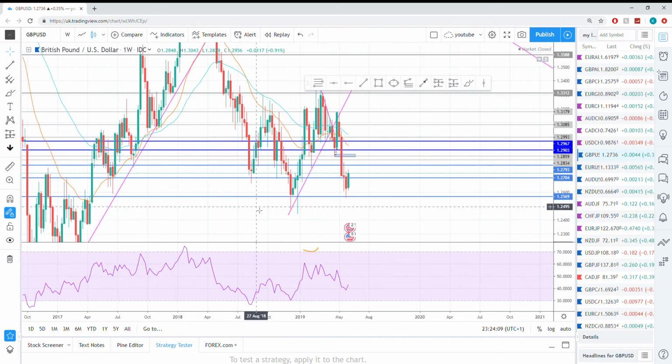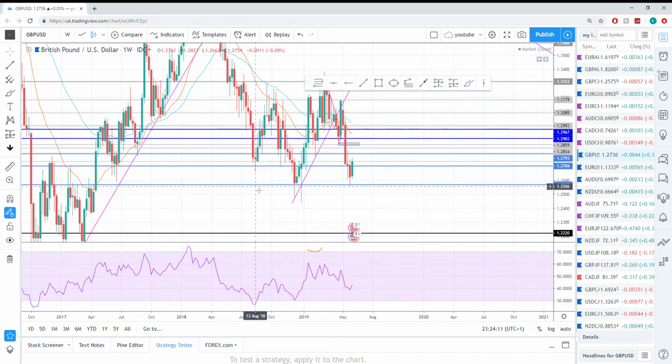So until we get some definite confirmation along this point of 1.2570, like a double bottom or some sort of confirmation that we've got this switch to the upside, then we can continue looking for the best scenario.